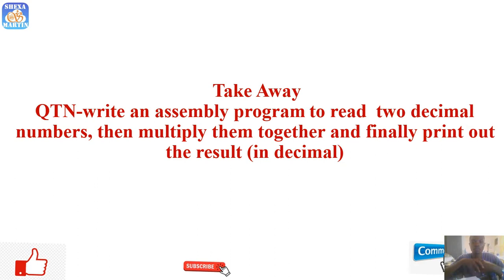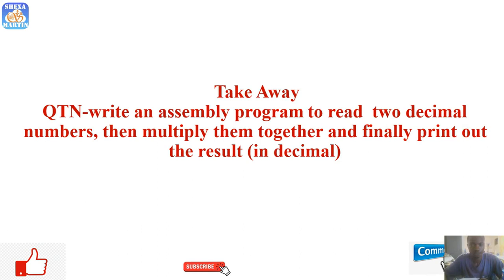It's reading 2 decimal numbers from the keyboard, from the user through the keyboard, then multiply those 2 numbers and print out the result, and the result is in decimal. So you are reading 2 decimal values, you multiply them, the result you print it out, which is still in decimal.